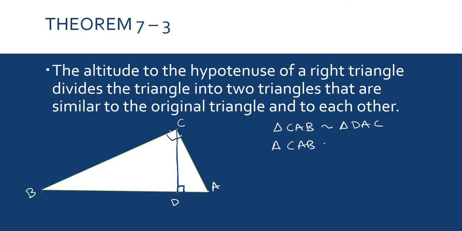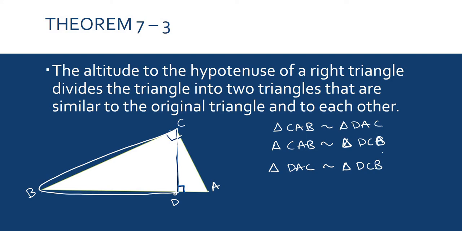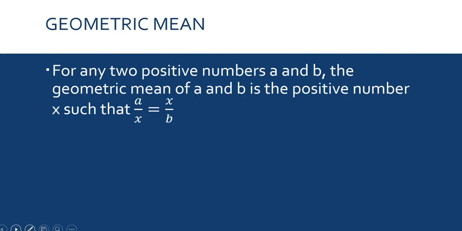The original triangle CAB is similar to the other triangle that was formed, triangle DCA, and then the other one, DCB, and then these two small triangles are also similar to each other. So DAC is similar to DCB. So the big triangle is similar to each of the small triangles, and the small triangles are similar to each other. So using this same drawing, we're going to work on some proportions.